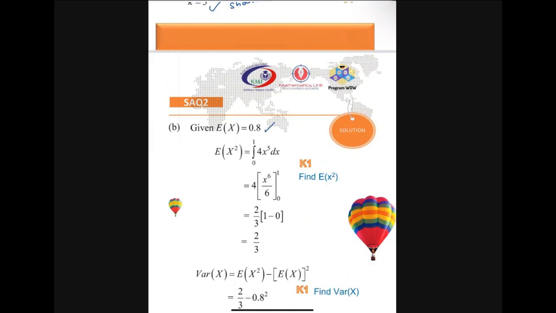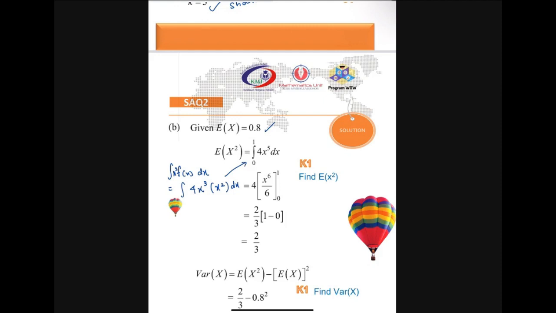But for E(X squared), we have to use the formula. For E(X squared), remember, we have to integrate x squared times our function. Since just now our function is 4x cubed, we have to find it times x squared.